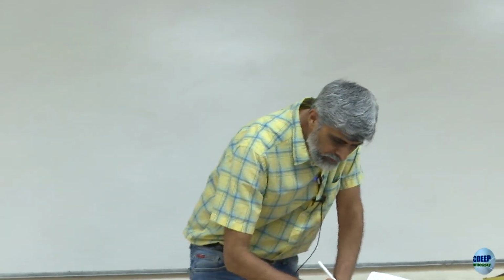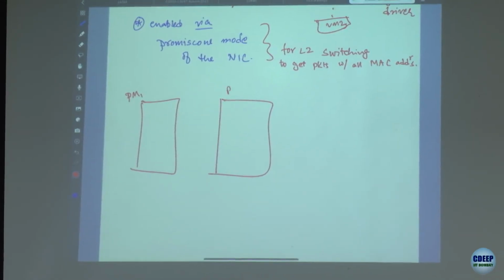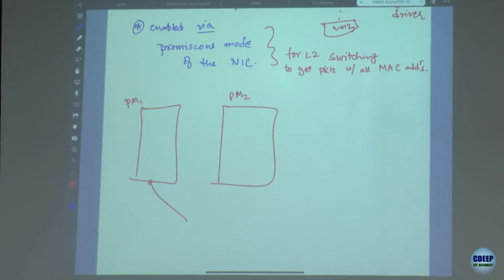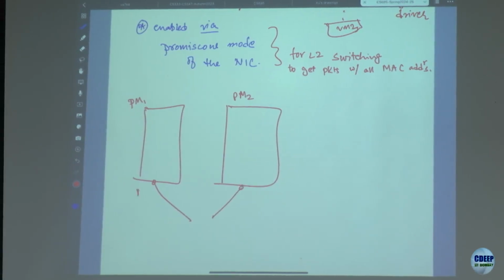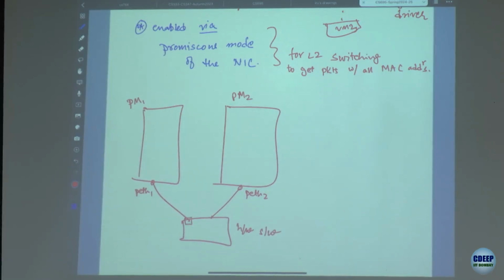Let me draw. So this is a physical machine, this is a physical machine, and if this is a physical port, PETH1, PETH2, which is connected to a hardware switch, and if this is a port and this is a port, so this is a wire, right?